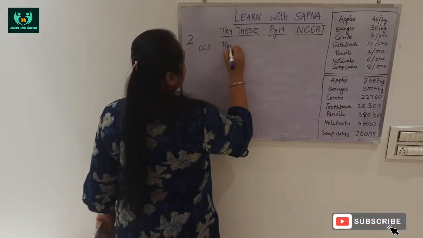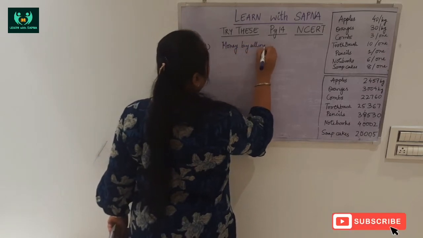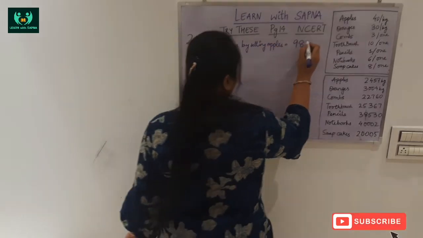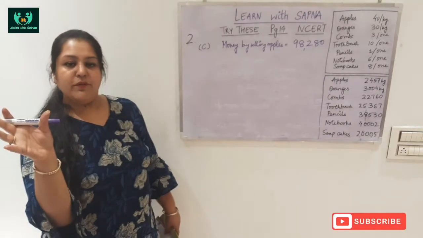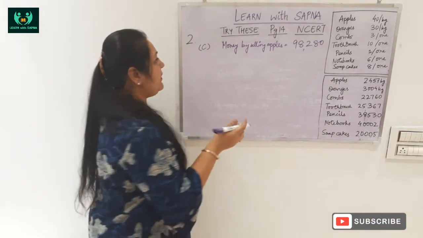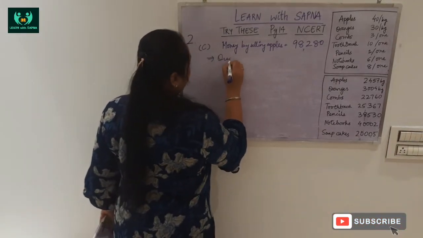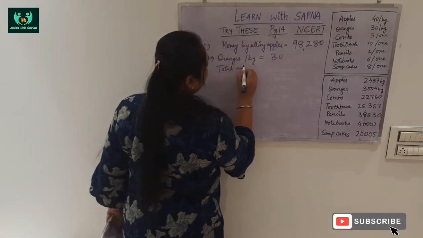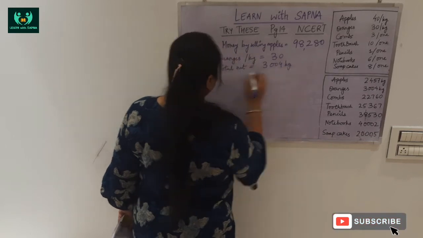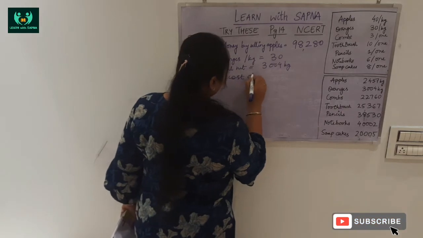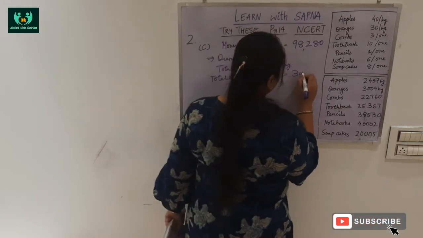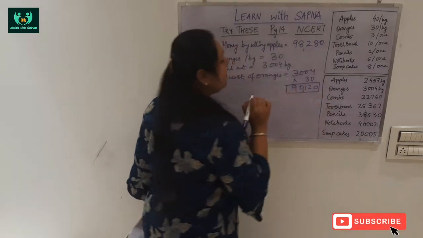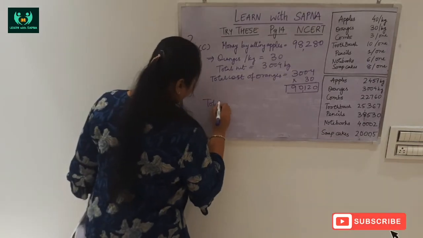Now, money by selling apples. ये हमने इसे प्रीवियस पार्ट में निकाल लिया, विच इज 98,280. ये हमने एप्पल्स का कॉस्ट निकाल लिया, टोटल केजी ऑफ एप्पल्स इनटू द कॉस्ट ऑफ 1 kg एप्पल. नाउ हमें निकालना है सेम चीज फॉर ऑरेंजेस. ऑरेंजेस की पर केजी कॉस्ट कितनी है हमारी, 30 रुपीज. टोटल वेट ऑफ ऑरेंजेस कितना है हमारा, 3004 kg. सो द टोटल कॉस्ट ऑफ ऑरेंजेस कितनी हो गई, 3004 मल्टीप्लाइड बाय 30, 90,120, right?